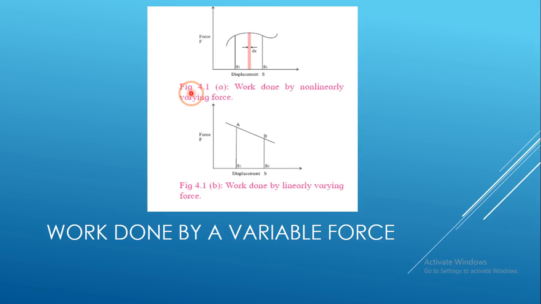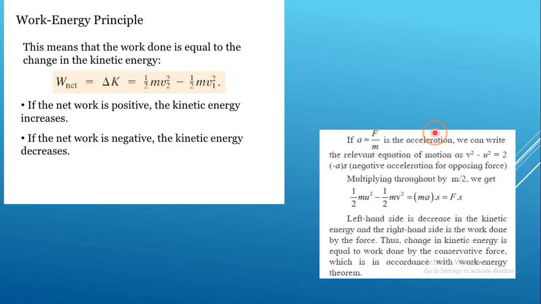Moving towards the next point of the same topic, that is the work energy theorem. If there is a decrease in the potential energy due to a conservative force, it is entirely converted into kinetic energy. As we discussed, if there is a decrease in potential energy, the work done by the force then appears as kinetic energy.